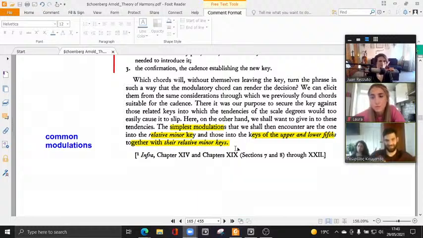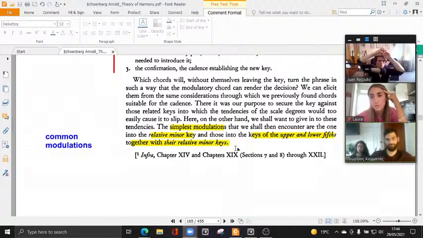Again, the relative minor of the key, yes. Of the key and of the relative. So again, how many modulations are we going to encounter? The simplest modulations that we will encounter. Five. Exactly.